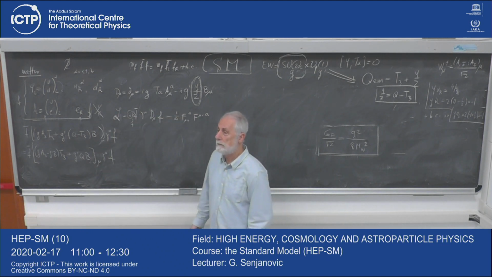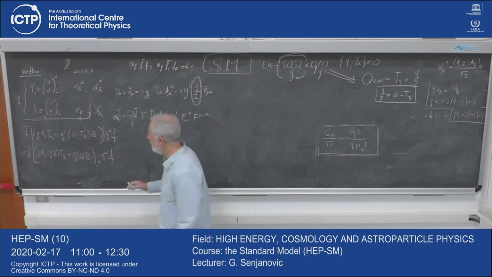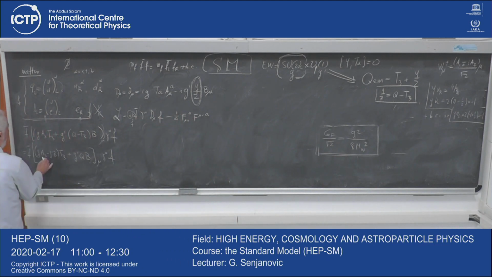Now notice, I had fields A3 and B to start with. But now I can see they are not going to be physical fields. I see immediately, for example, this cannot be the photon. Photon couples only to charge. So this guy is something else.